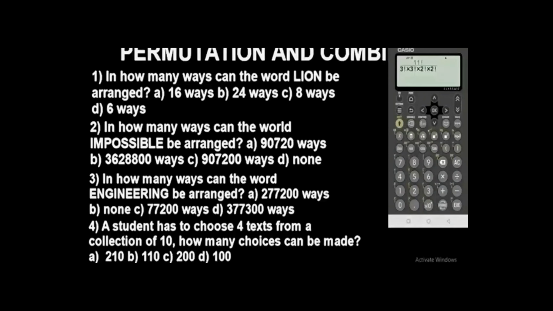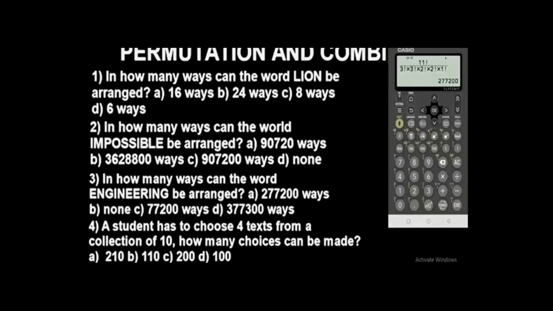R is appearing once, so times 1 factorial. So that's it. We are good to go. Let's press execute now to get the output. 277,200 ways. The right option here is option A. It's as simple as the last.